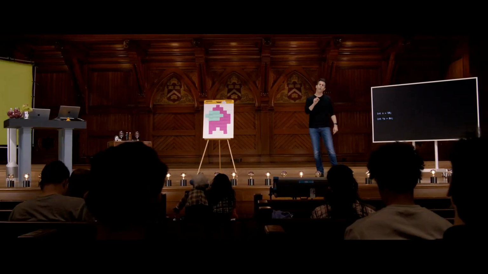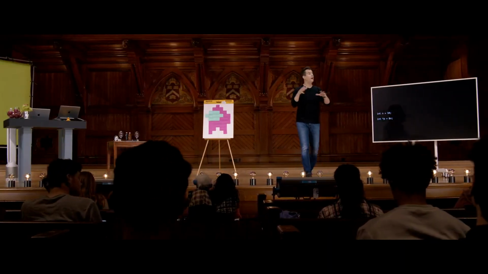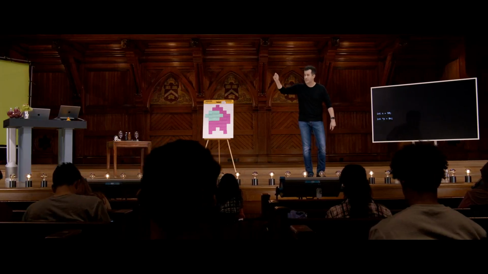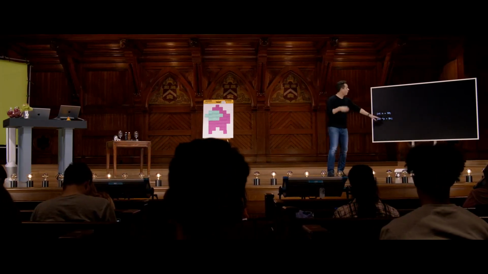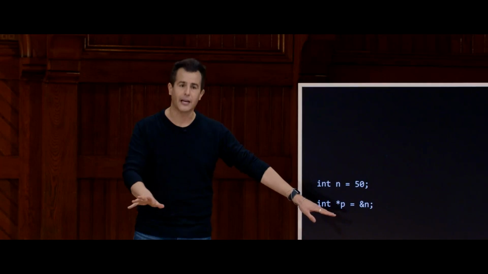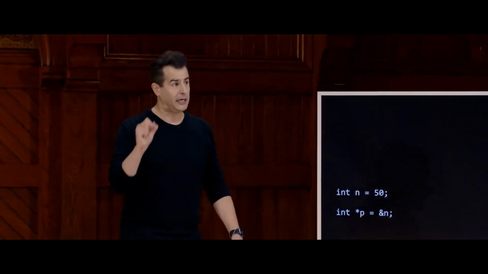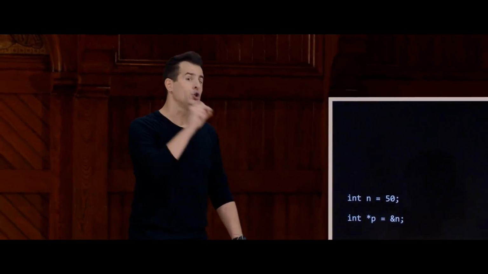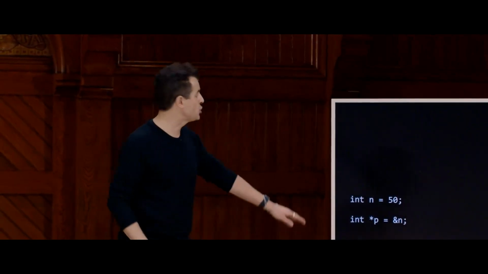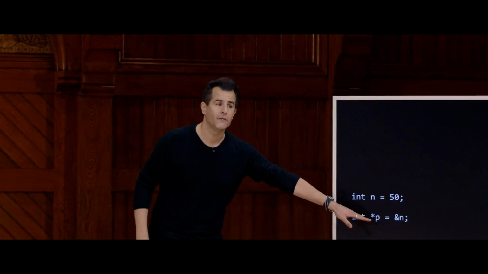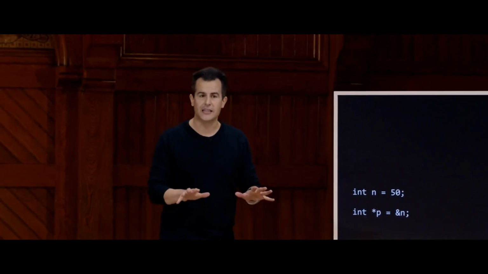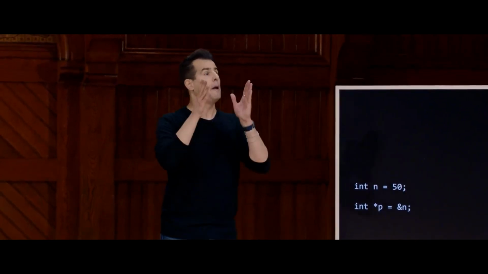If I want to store the address of n in a variable and not just print it immediately via printf, I can declare a variable, for instance, called p, but I could call it anything I want, like any variable. But because it's an address, it's not int p. It has to be int *p, so to speak. And the star here on the left-hand side of the equal sign is just a clue to C that p is going to be a pointer.